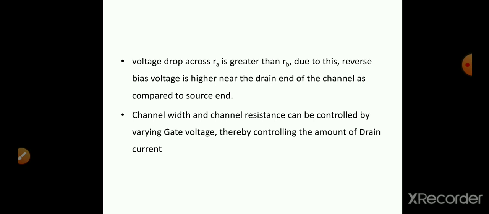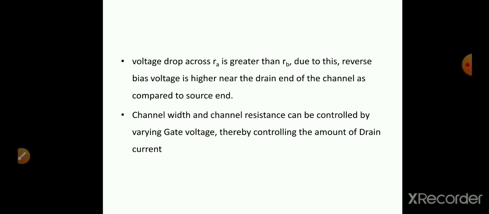This varying gate voltage can change or control the channel width and channel resistance. Due to this, the depletion width of the channel also varies. Due to the variation in depletion width, the channel current also varies. So, channel width and channel resistance can be controlled by varying the gate voltage, thereby controlling the amount of drain current.